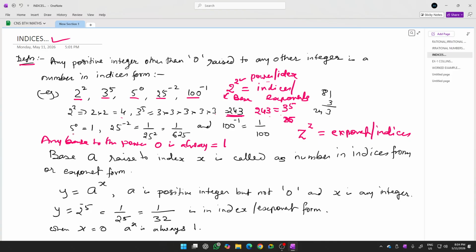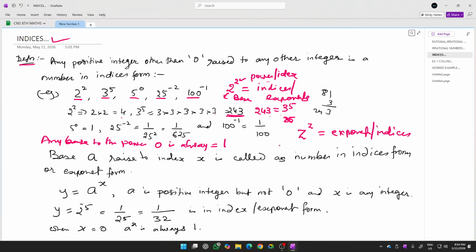Whatever the base is, even if it is 5 raised to 0, the answer will be 1. If it is 3 raised to 0, still the answer will be 1. If it is minus 25 raised to 0, still the answer will be 1. If it is 25 raised to 0, again it will be 1. So whatever the base is, if the power is 0, then the value of that number will be 1.